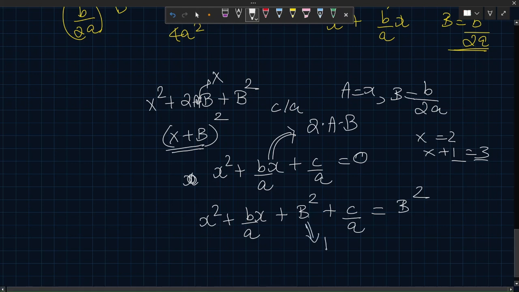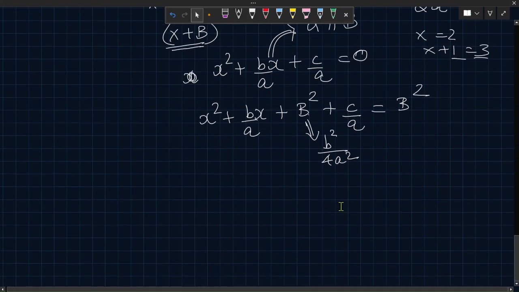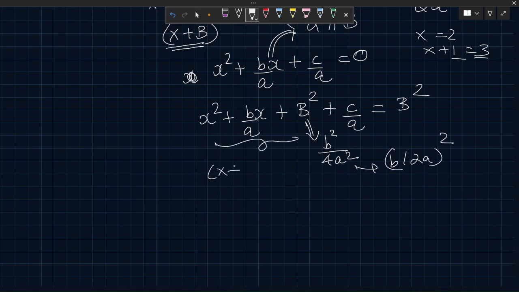B square is essentially just b by 2a the whole square, which is b square by 4a square. So this is now just x plus b the whole square, which is just x plus b by 2a the whole square. Do you agree with this?